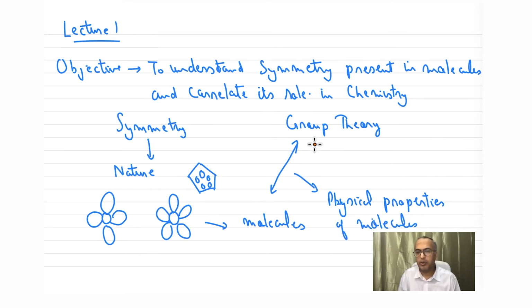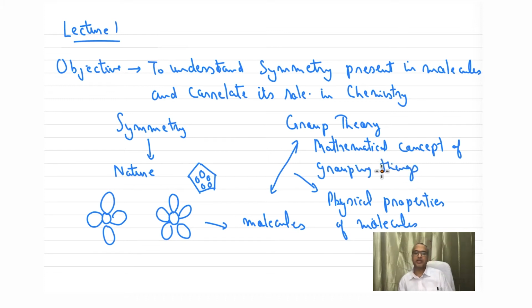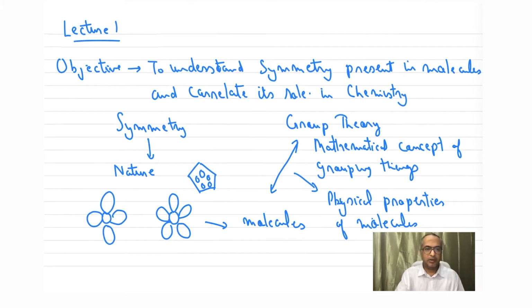Now, what is this group theory? Group theory is a mathematical concept of grouping things. This is based on a certain set of rules, and we will see what the rules are to group things based on certain properties.